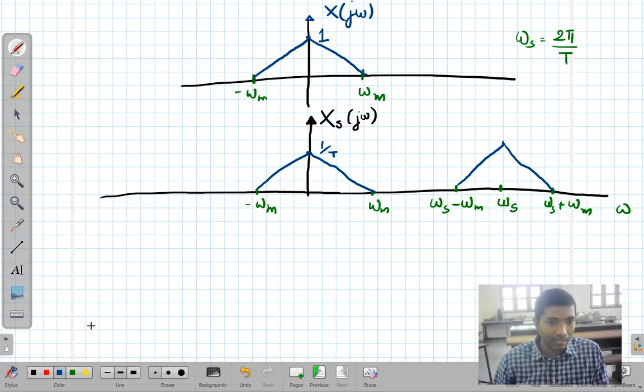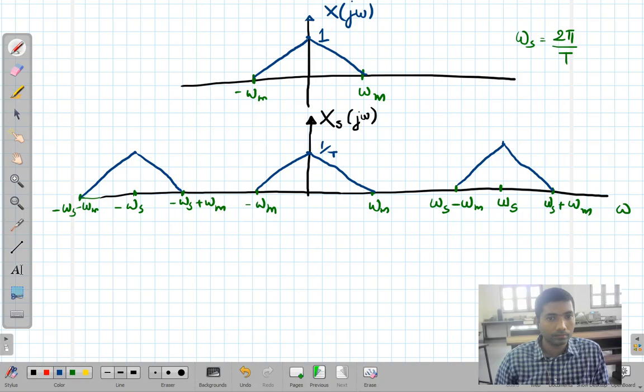Similarly on the left hand side, suppose this is -ωs, this is -ωs + ωm, and on the left somewhere over here you have -ωs - ωm, and this is 1/T. So this will be the signal X(jω + ωs), and this is the signal X(jω - ωs).